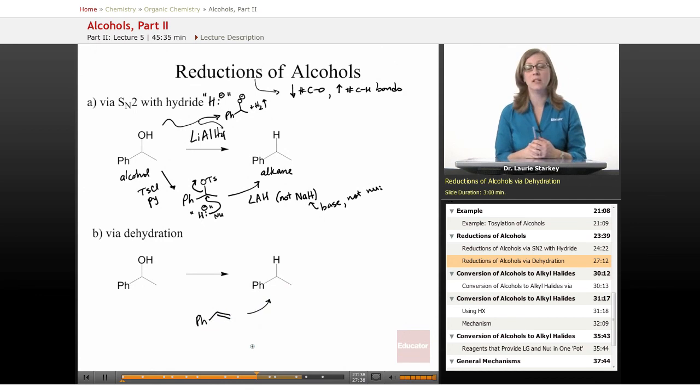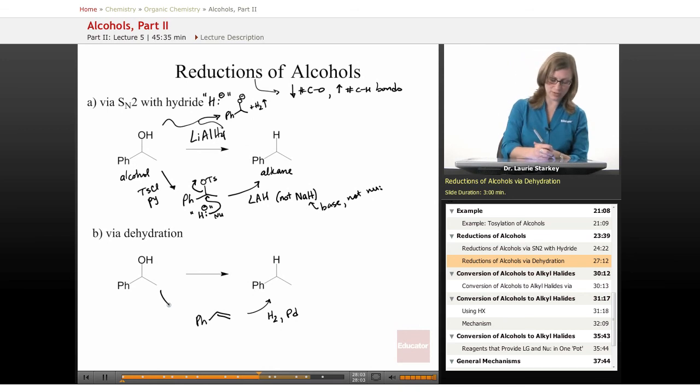Have we ever seen the conversion of an alkene to an alkane? We've broken the pi bond and added something to each carbon. What did we add? A hydrogen. This was a CH2, and now it's a CH3. So we could do catalytic hydrogenation. If we had an alkene, we could do a catalytic hydrogenation to give an alkane product.